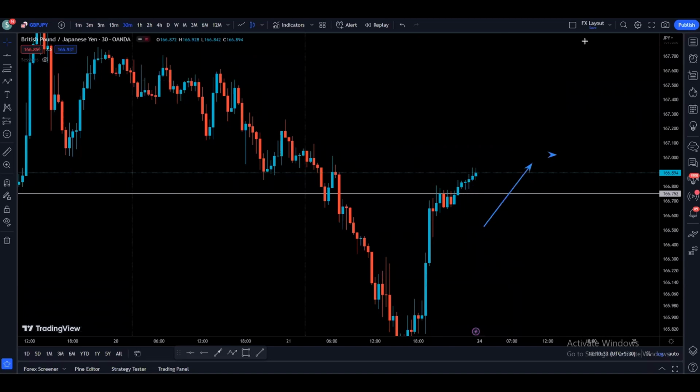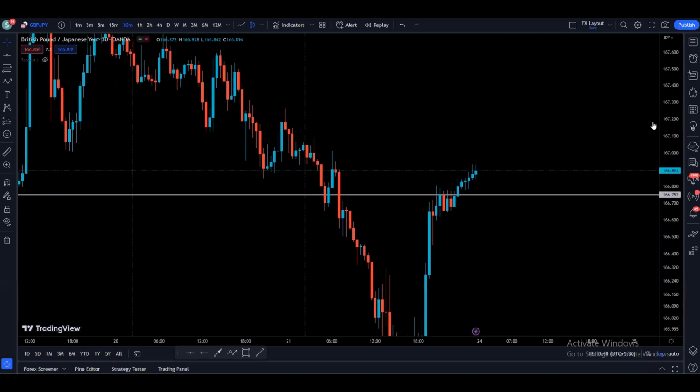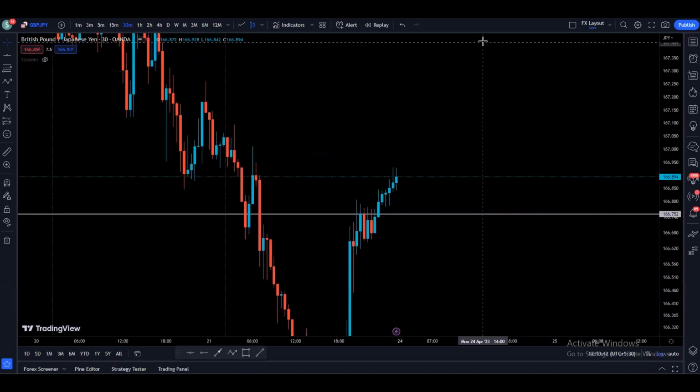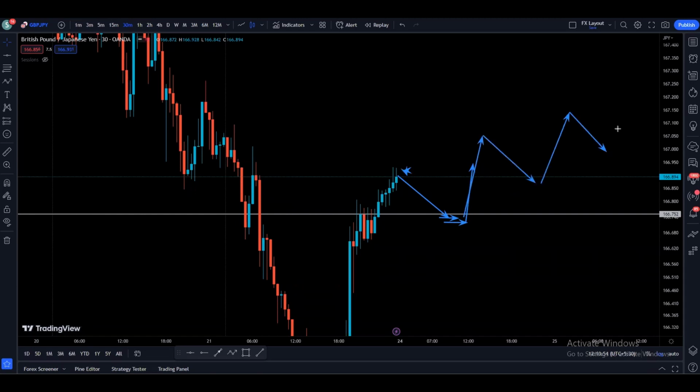So it will be great if the price can come down, find support in this area, and then come up to not only retest this high, but maybe make a new high and continue this uptrend to the upside, right? That will be great.